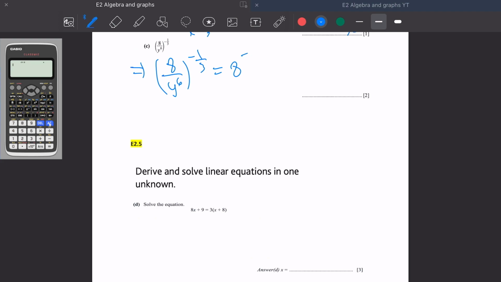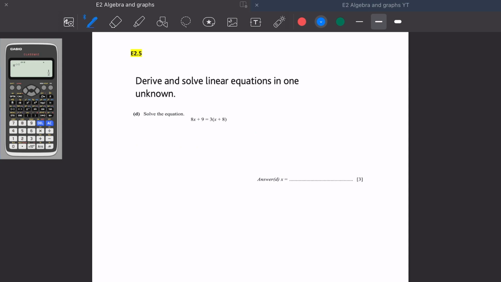We have 8 to the power negative 1 by 3 divided by y to the 6 to the power negative 1 by 3. 8 to the negative 1 by 3 is half or 0.5, divided by y to the negative 2, so this becomes 0.5 y squared, or y squared divided by 2.